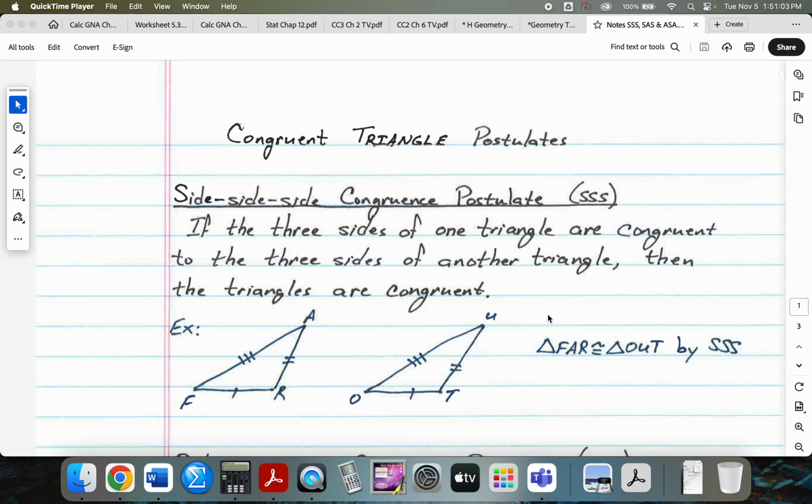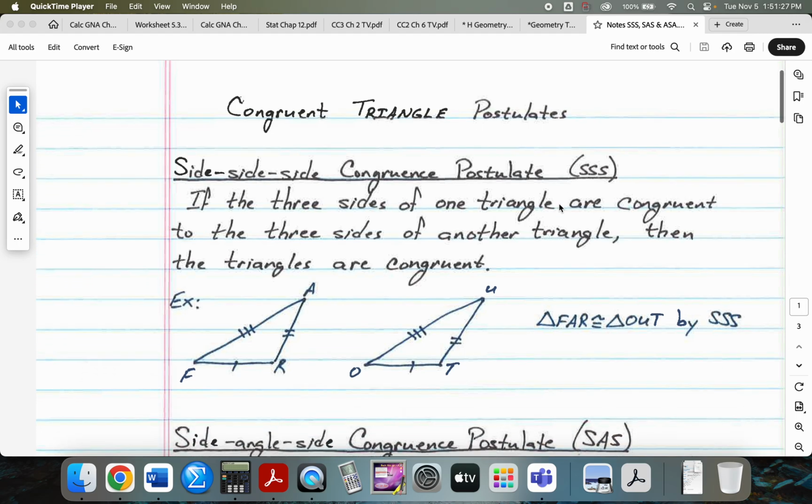So here we have all 3 sides of this triangle congruent to the matching sides of this triangle. So triangle FAR is congruent to triangle OUT by side, side, side. And that's the way we'll abbreviate it, just SSS, rather than having to write out side, side, side congruence postulate, which is a lot to write. Okay? So that's the first one.